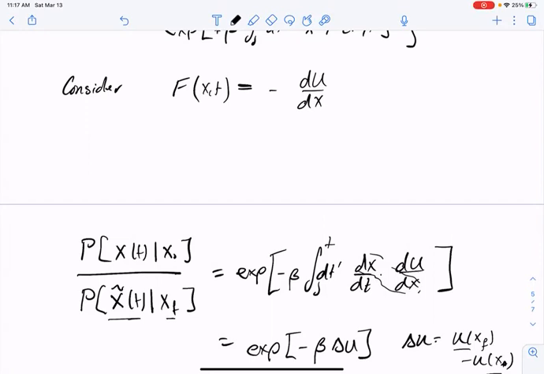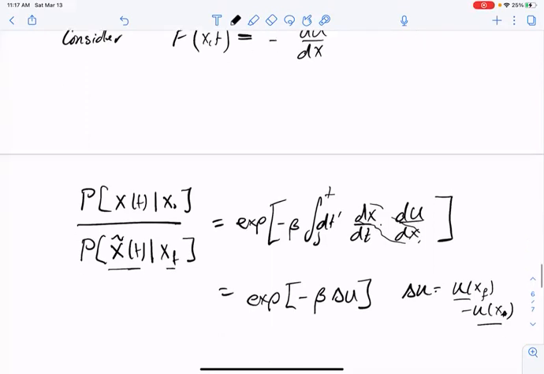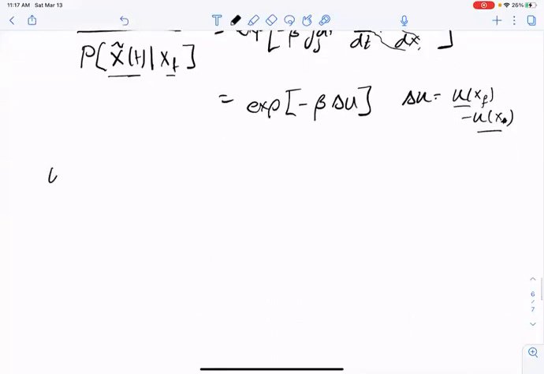But let's ask about this force being something more general. So what if f of x and t is not just a gradient force?